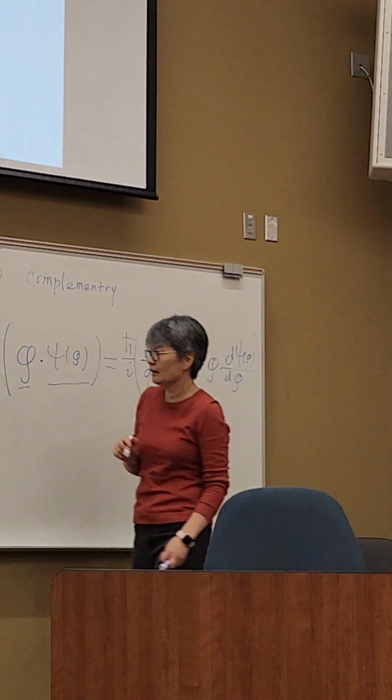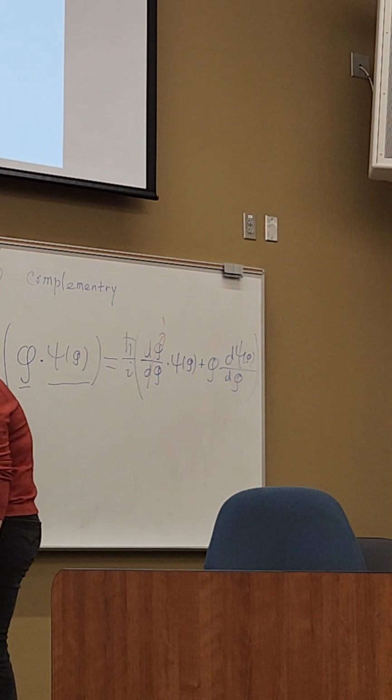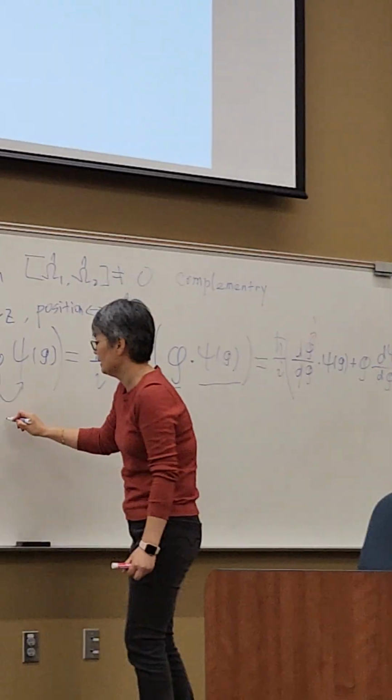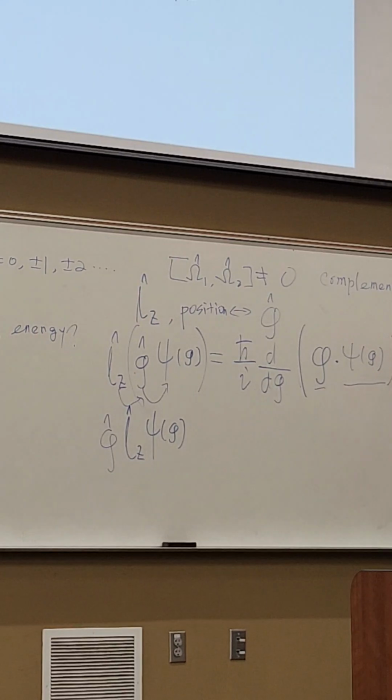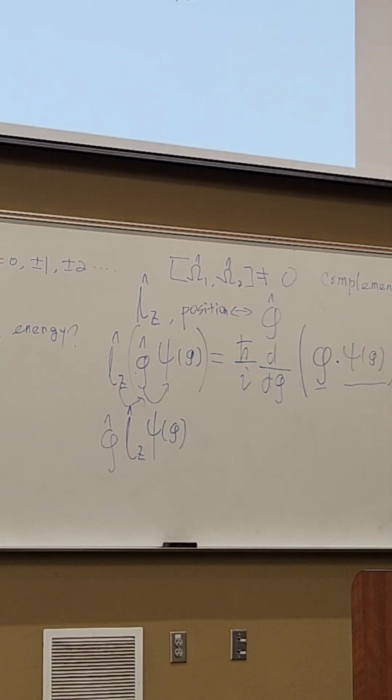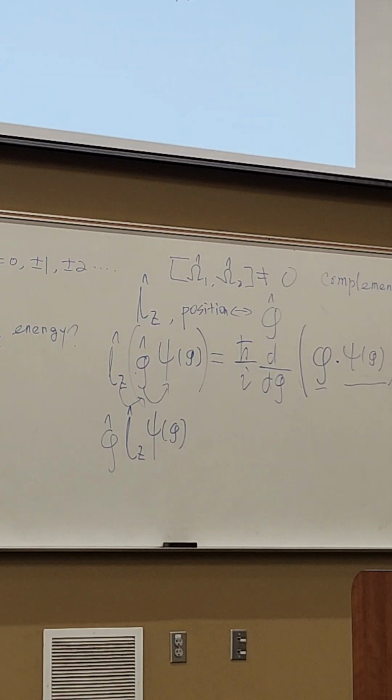Now let's switch the order, which means I will have the position first, and then the angular momentum operator. The value of the commutator is to see the difference in outcome if I switch the order of operation for those two operators.